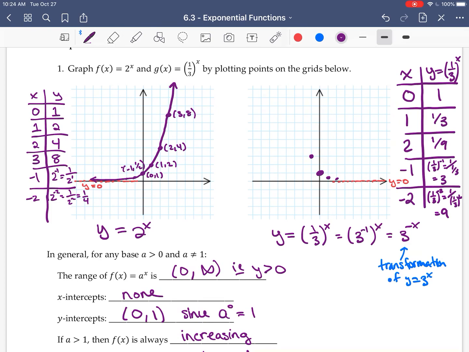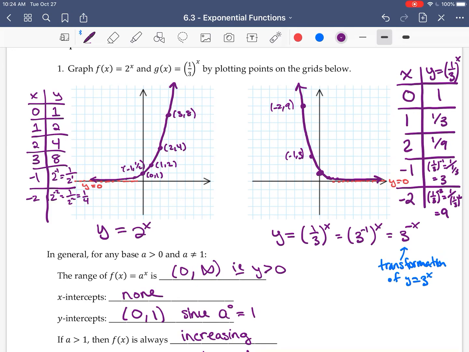So at -2, I'm already at 9. So we get the shape that is just going the other way. So it's going to look something like that.